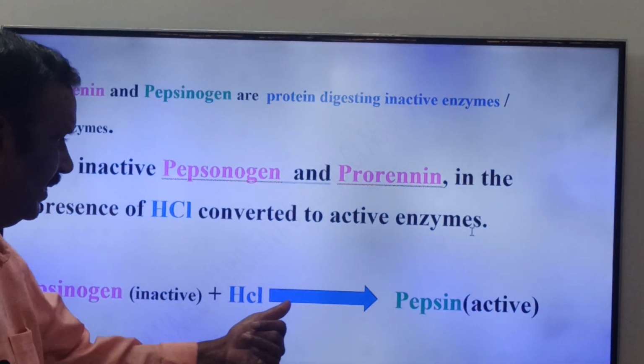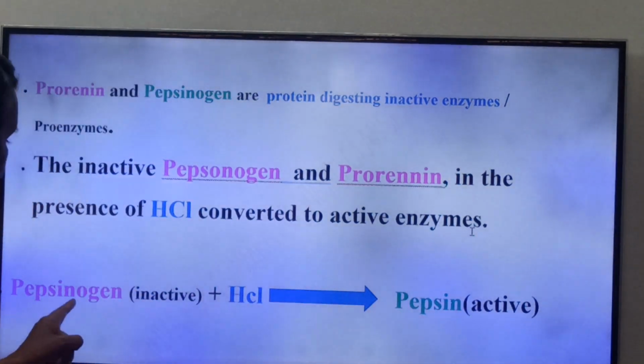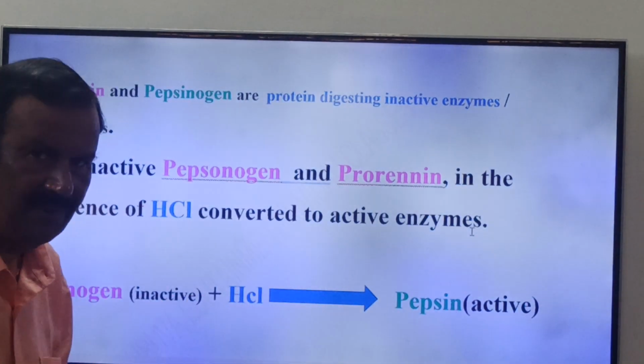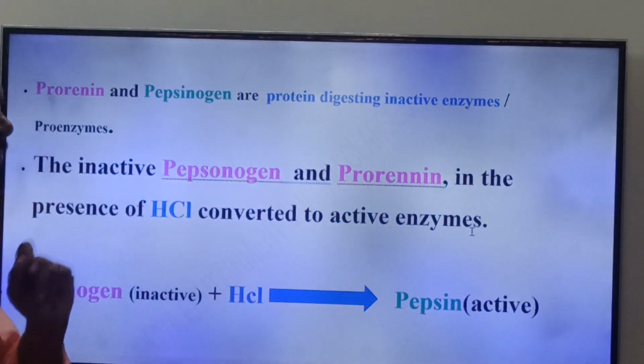Pepsinogen plus HCl gives rise to pepsin. Pepsinogen is an inactive enzyme or proenzyme, and pepsin is an active enzyme. The inactive enzyme is converted into the active enzyme in the presence of HCl.